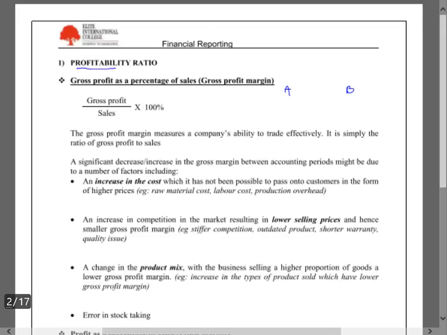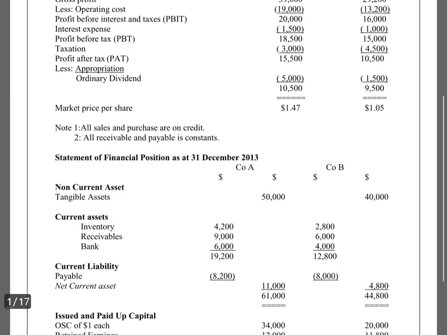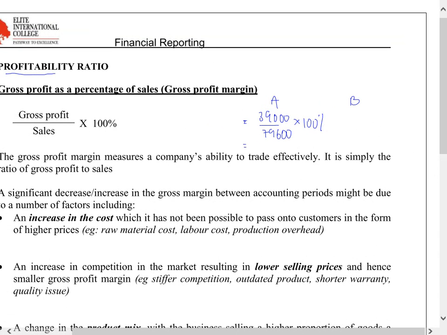In your exam, put in the formula, put in the figure, 39 over 79, times 100, 49%.